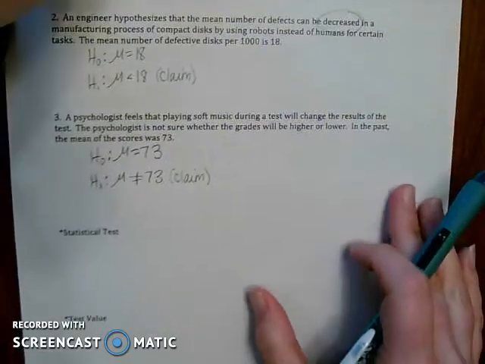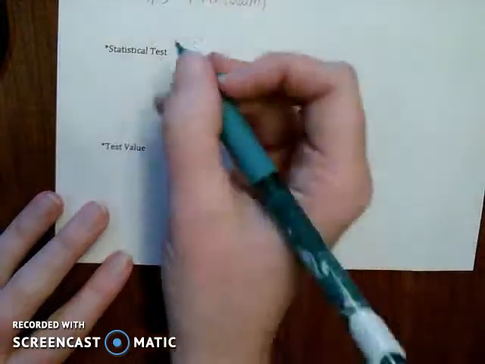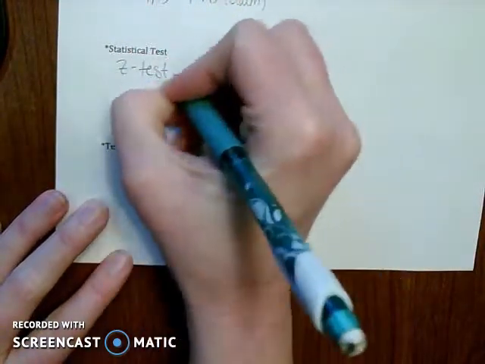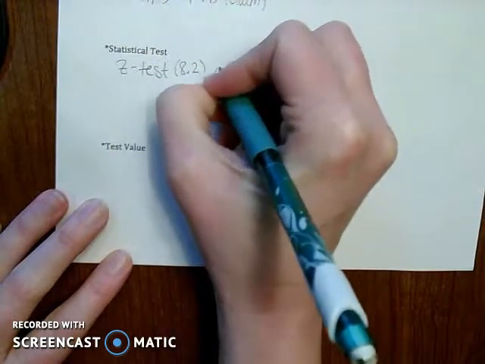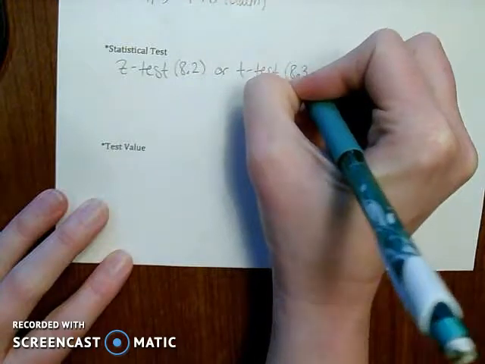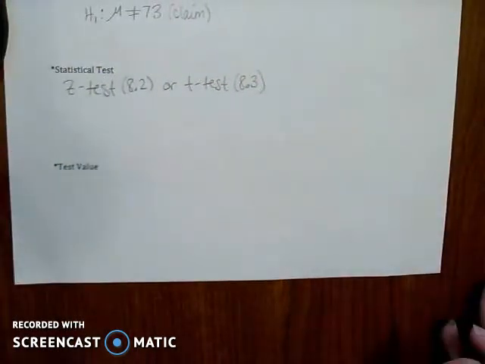All right, so what we have to do is once we make a claim, we have to test that claim. So we have to run a statistical test. This is either going to be a z-test, which is 8.2, or t-test. So this will tell us when we need to use which chart, z-chart or t-chart.